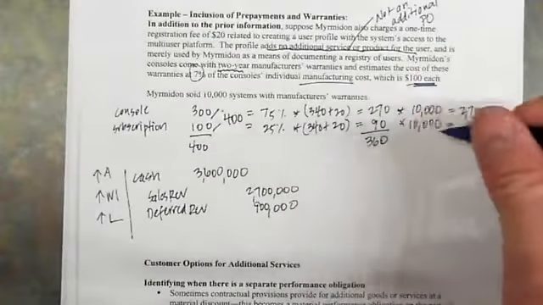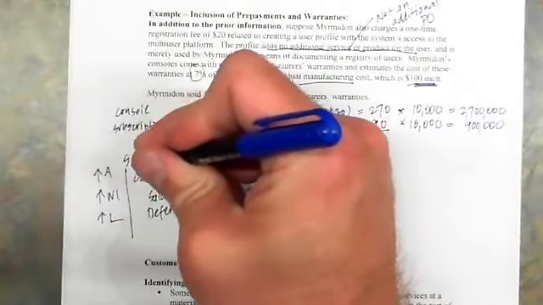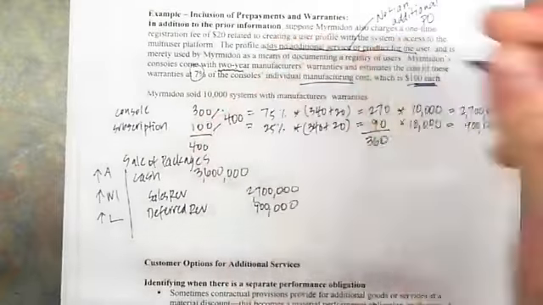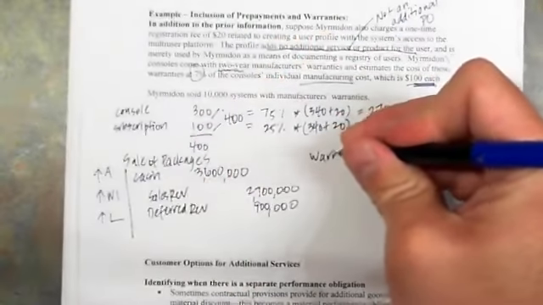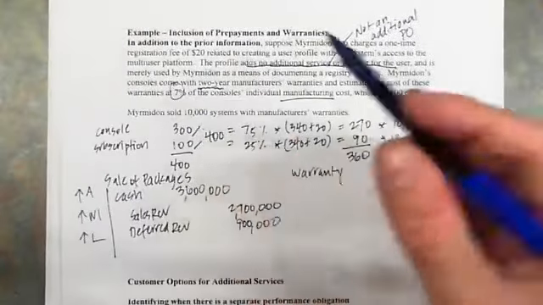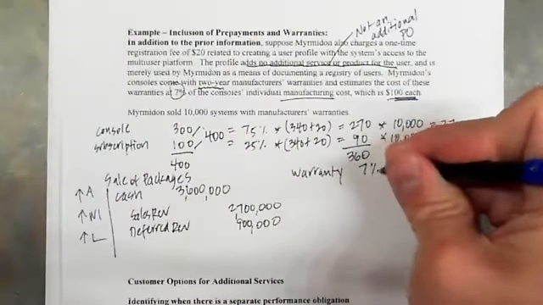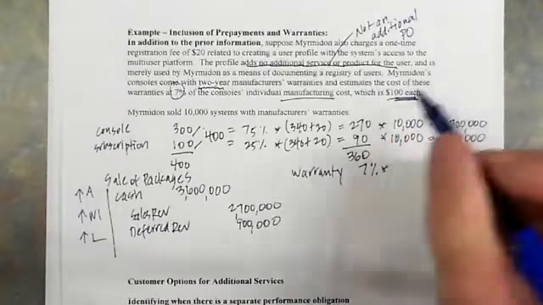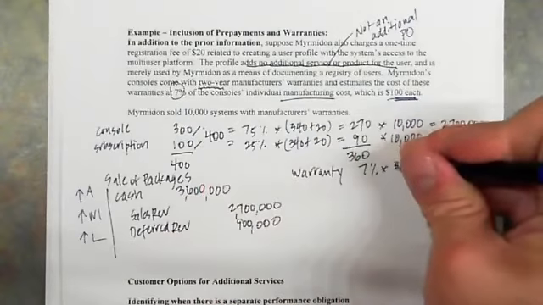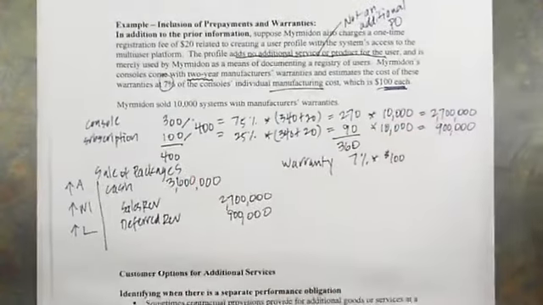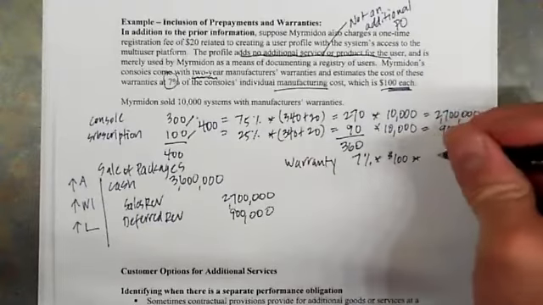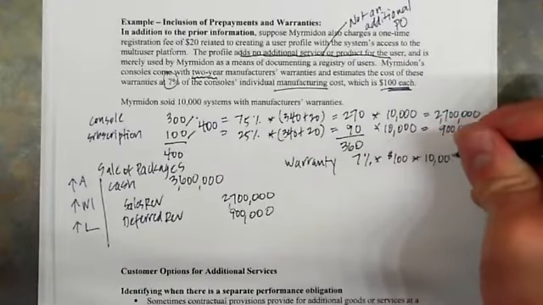The warranty aspect of it, so this is the sale of packages. The warranty, again, we take the historical average of 7%, multiply it by whatever the 7% is of. 7% of the console's cost to manufacture, which is only $100, and then multiply it by the number of sales we've made.